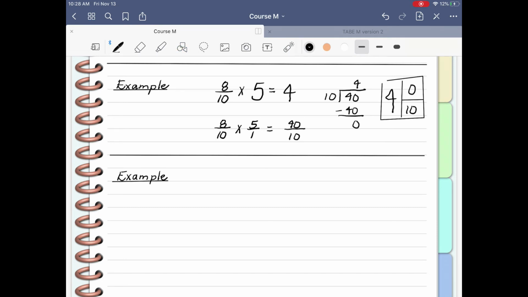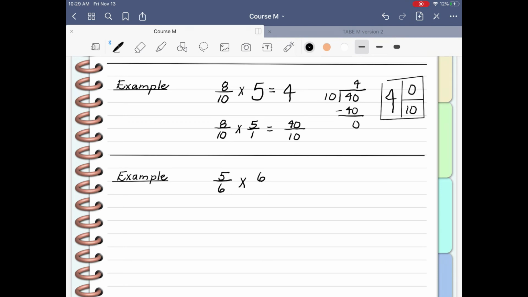And for each serving of fruit salad, I need 5/6 of a cup of grapefruit. 5/6 makes 1 serving. And I have invited 6 friends to come. So 5/6 times 6. How much grapefruit am I going to need?